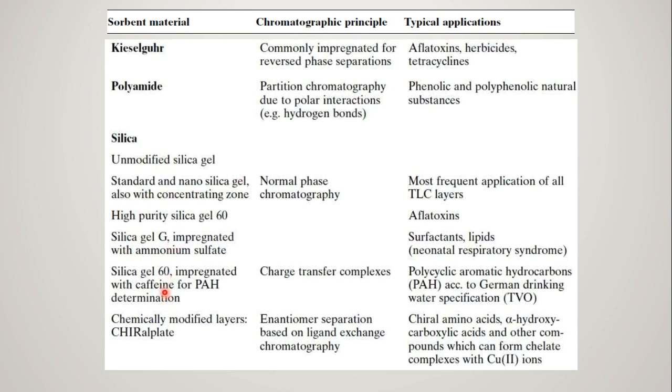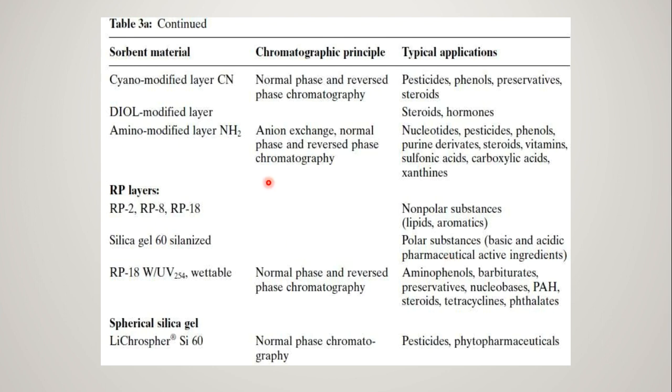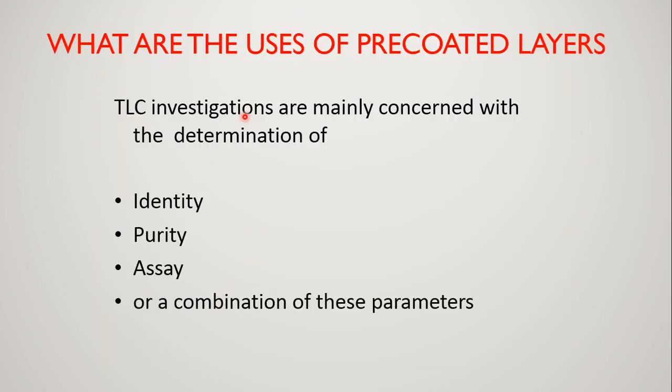If this silica is modified with some organic molecules, then it becomes somewhat less polar and non-polar. Then it may be applied in reversed phase chromatography, where non-polar as well as polar substances can be separated.